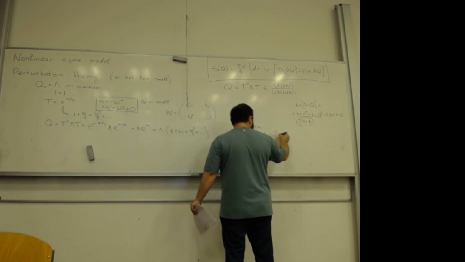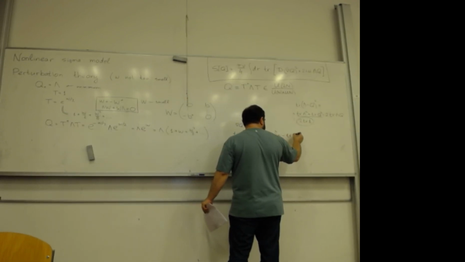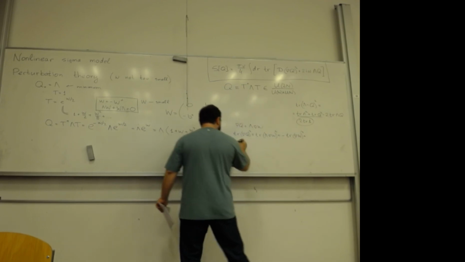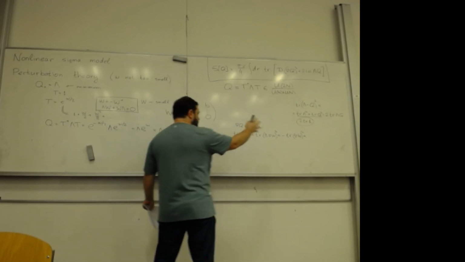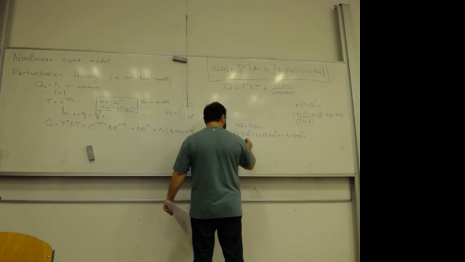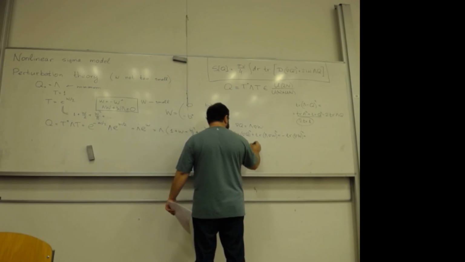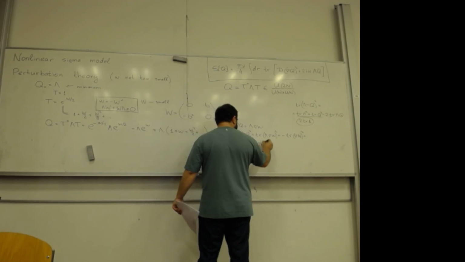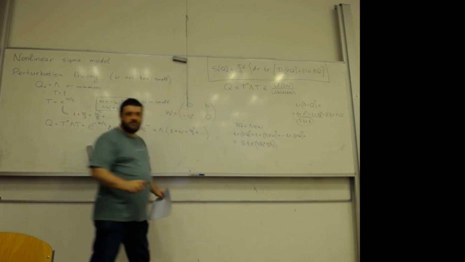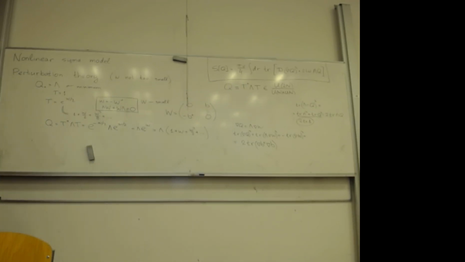W anticommutes with lambda, meaning this is minus trace of gradient of W squared. And using this form of W, squaring it, taking trace, I get 2 trace of gradient B dagger gradient B. Good, correct? Yeah, that's correct.